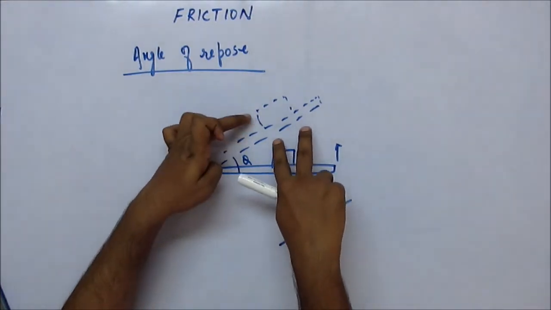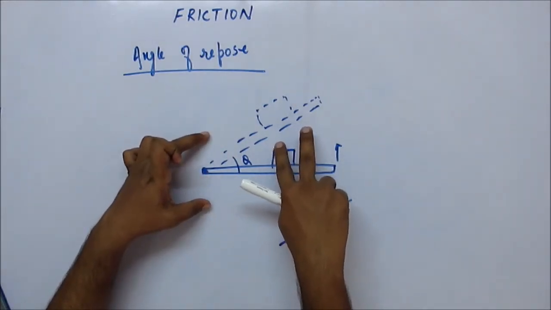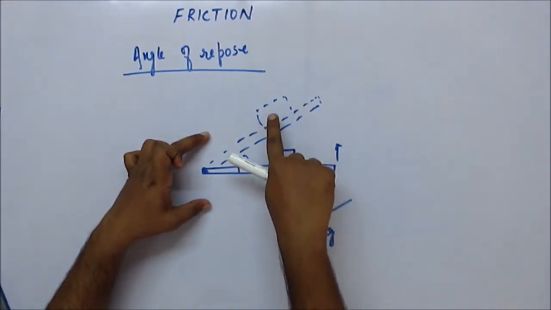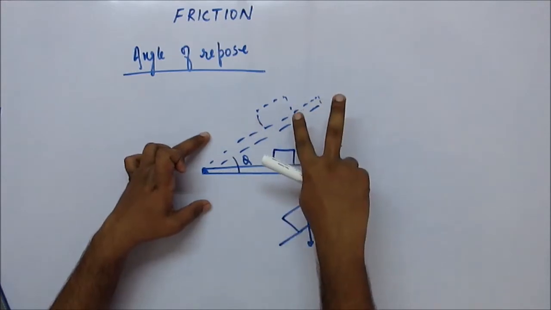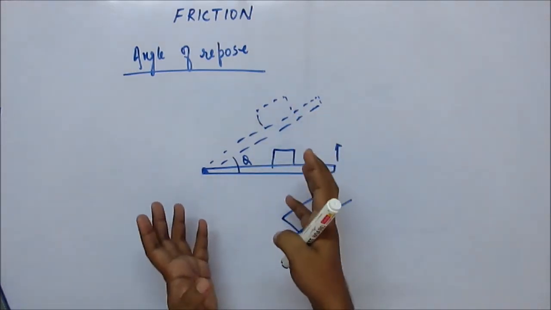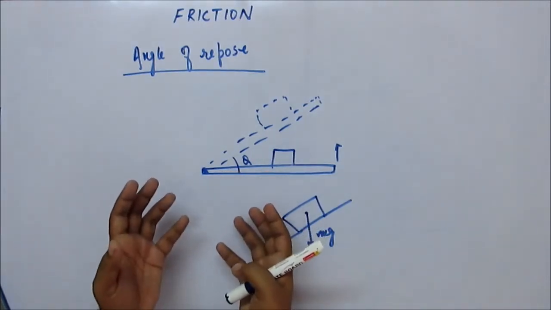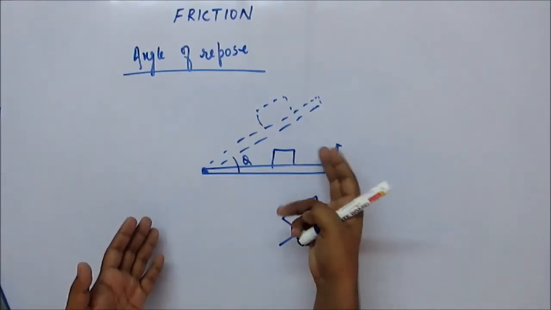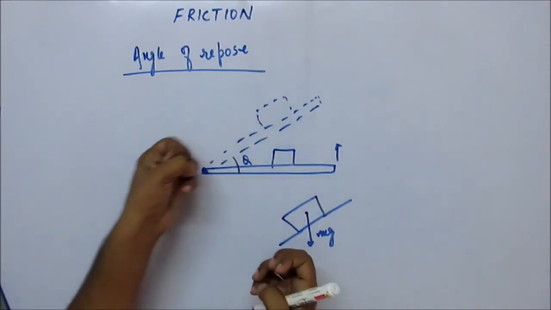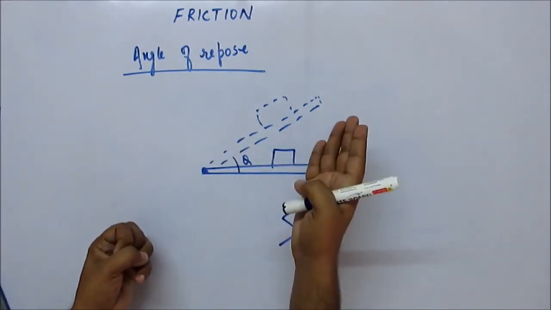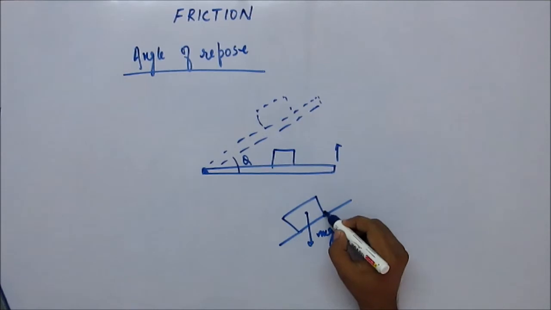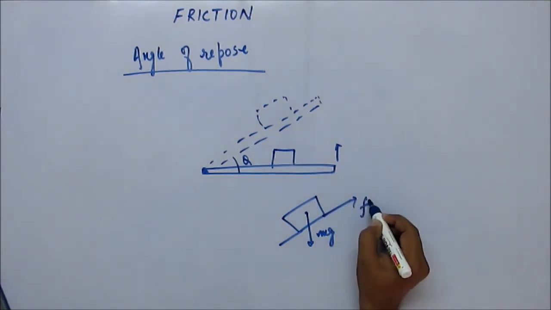And if this block is coming down, the only way to oppose the relative motion is for friction to act on this block in upward direction, so that it tries and balances the forces which are acting in downward direction and cancels all the forces so that the block remains stationary. So if it is coming down, the friction force will be acting upward.